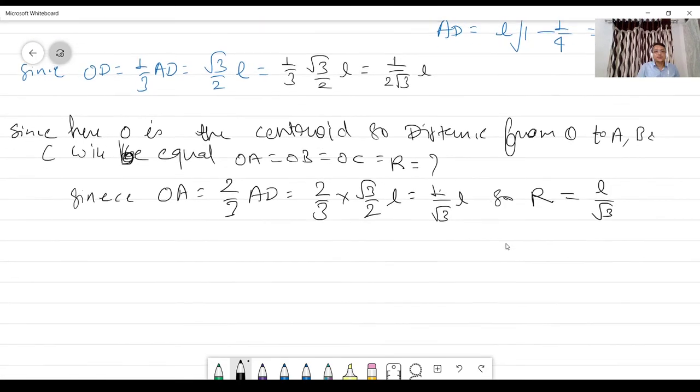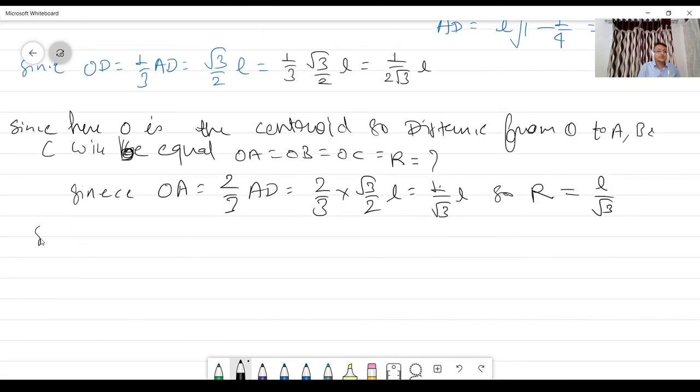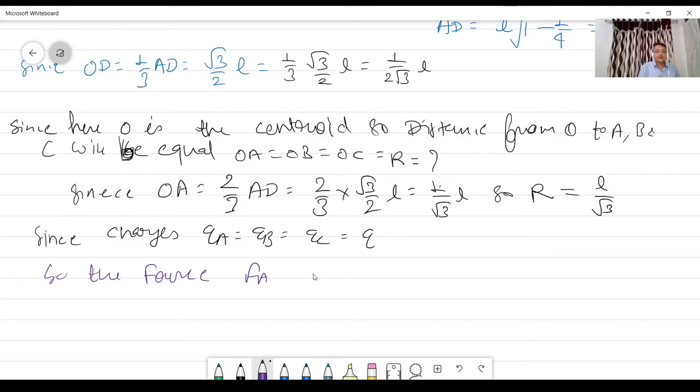And the second point is, since the charges QA equal to QB equal to QC equal to Q, let's suppose it's given in the question. By this kind of symmetry, we can say that the force FA will be equal to FB will be equal to FC, because the charges are equal and the distance is equal, so the amount of force on the charge Q will also be equal.